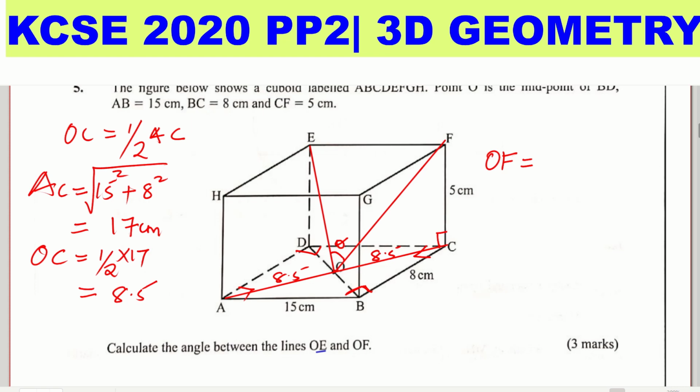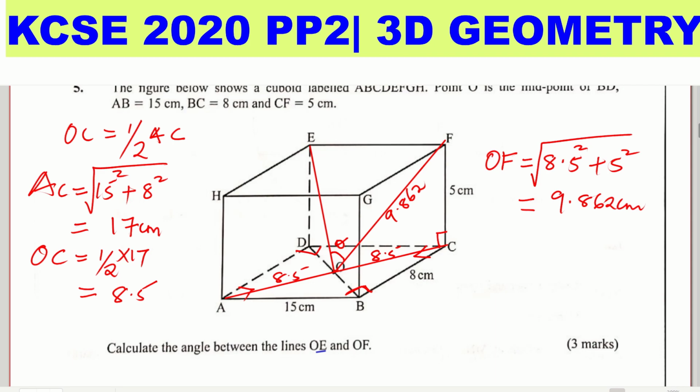Therefore OF is equal to the square root of 8.5 squared plus 5 squared. When you work this out using a calculator, you get OF as 9.862 centimeters. Now we're done with OF.